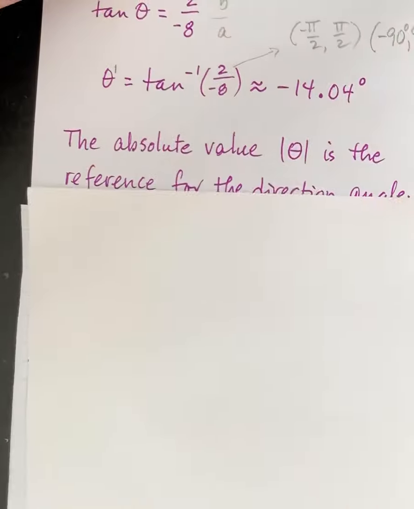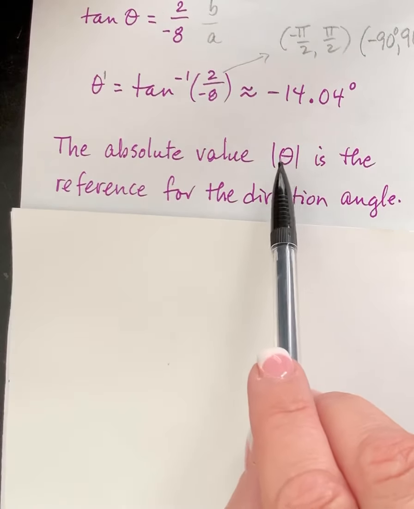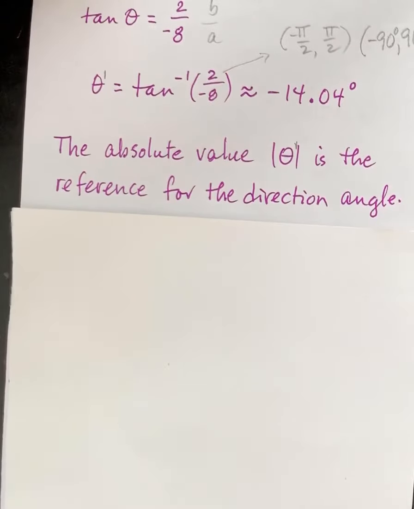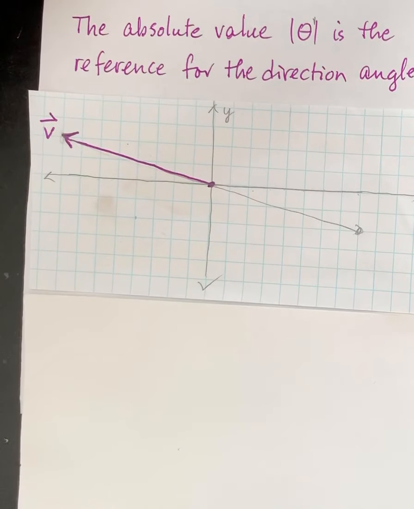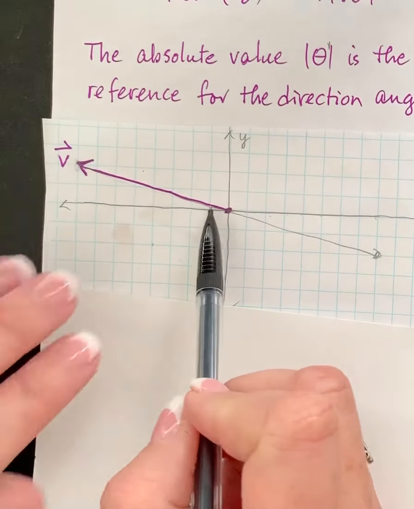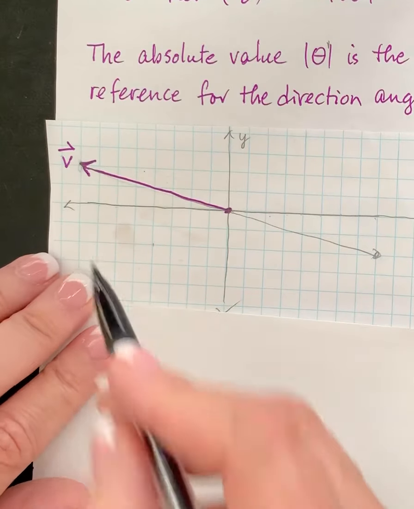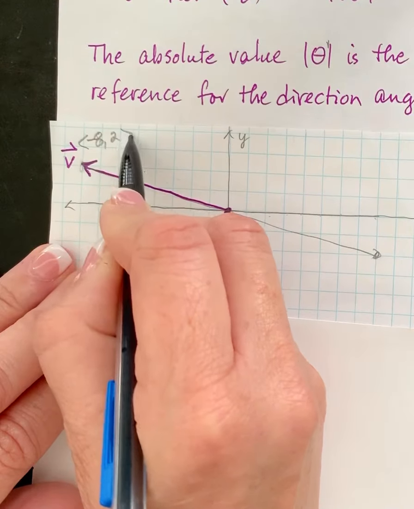So if you think about it, the absolute value of this is actually going to be a reference angle for your true direction angle. Look at the picture and you can see this a little bit better. Here is our actual vector that we're supposed to be finding the direction angle for. It is -8, 2.